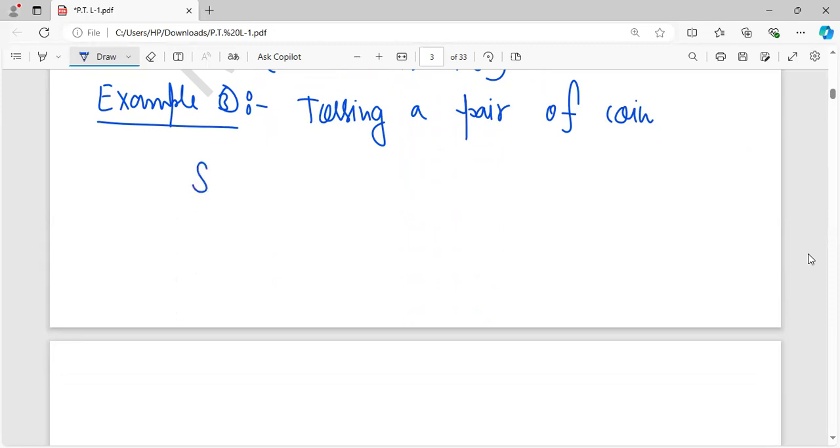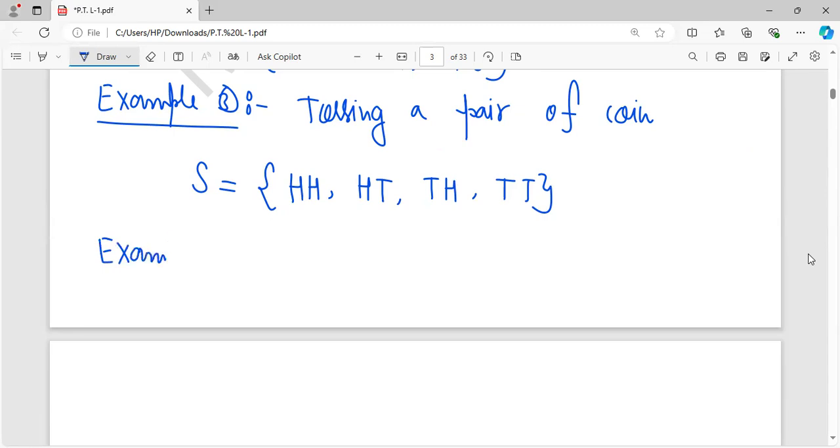What is the sample space? First coin gets head, second coin also gets head. First coin gets head and second coin gets tail. First coin gets tail, second gets head. First coin gets tail and the second coin also gets tail. So there are 4 outcomes. The sample space is HH, HT, TH and TT.